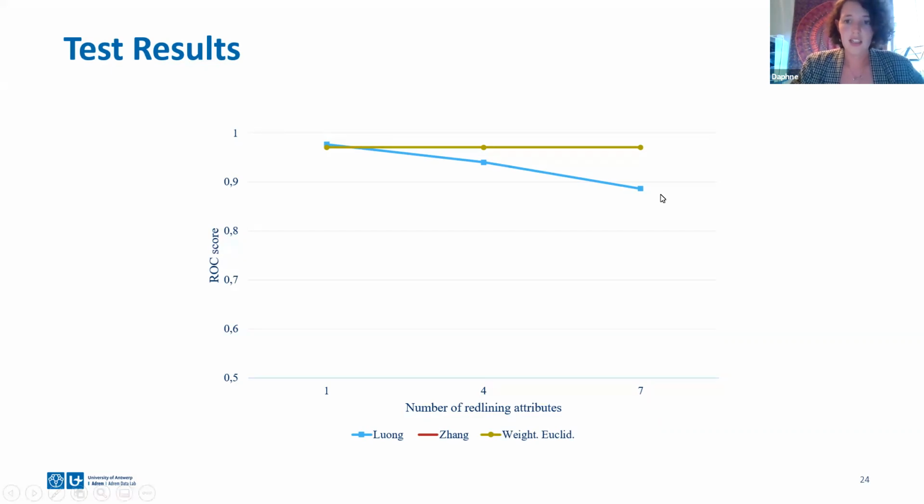And as I said, the weighted Euclidean distance function doesn't suffer from this problem, while it maintains the same accuracy as Zhang's distance function without relying on a causal Bayesian network.